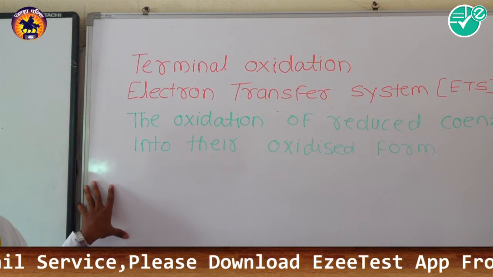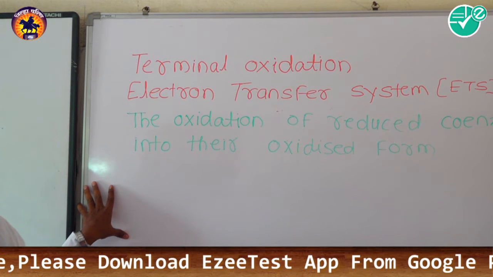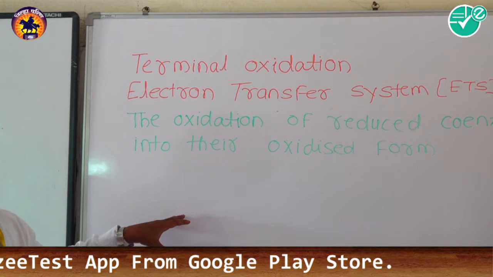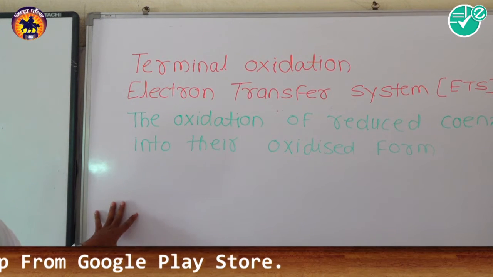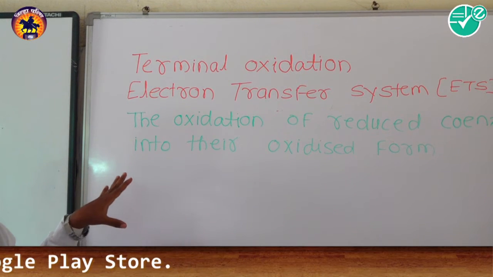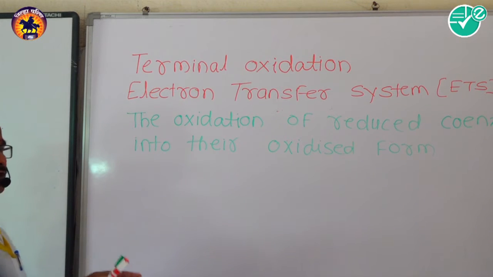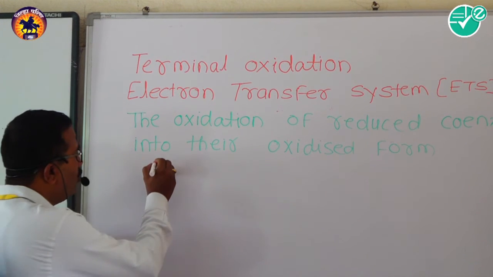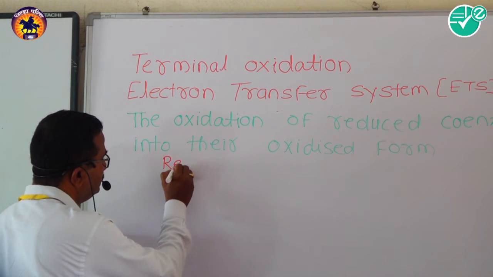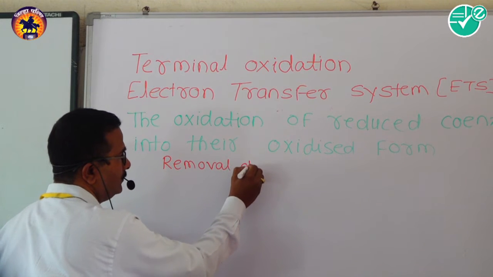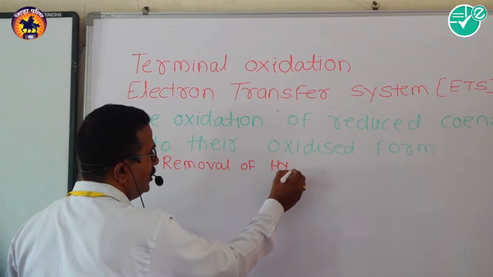we know during the glycolysis, link reaction, and also in the Krebs cycle, respiratory substrates may get oxidized. This oxidation takes place with the removal of hydrogen.